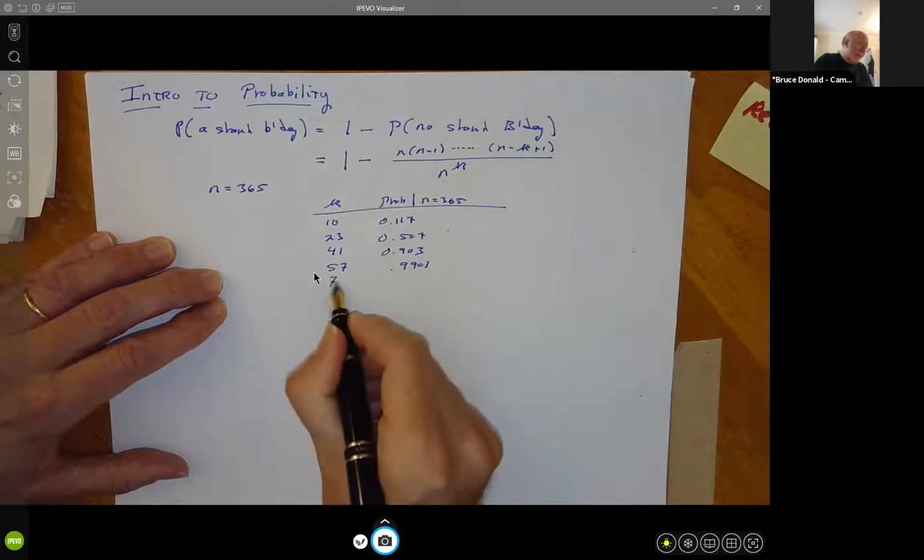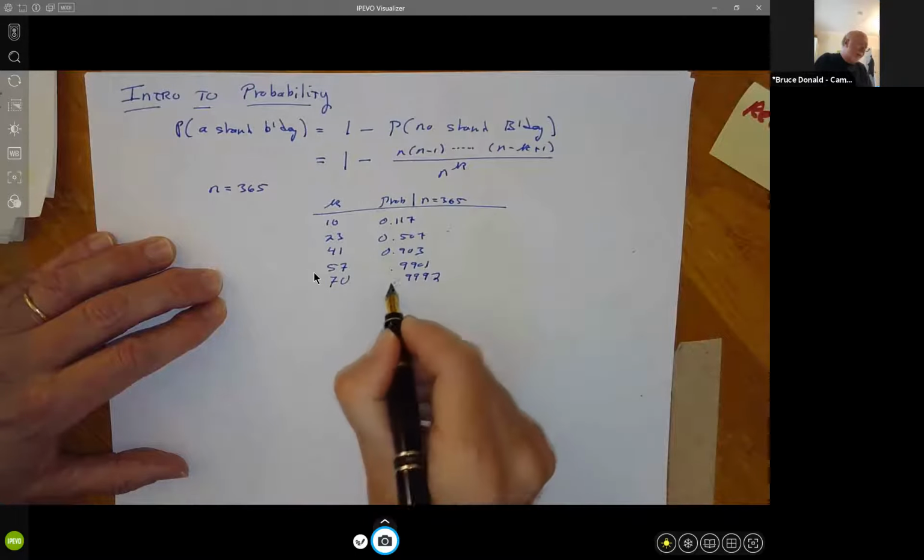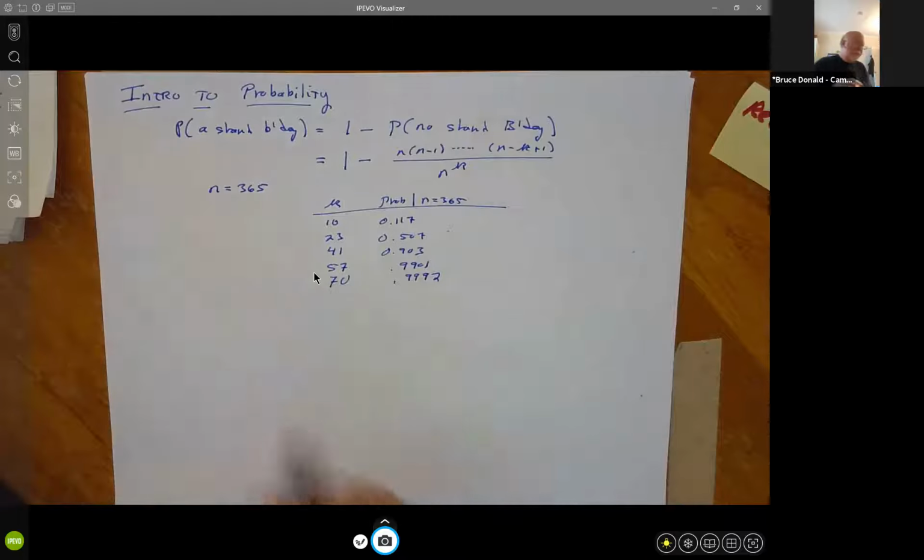For 70, it goes up to 0.9992, getting very close to 1. So what's interesting here is using probabilities, we can make predictions. And if our assumptions are right about how things are distributed, this works really quite well, and the predictions can be super useful. So how do we build a foundation for thinking about these things?